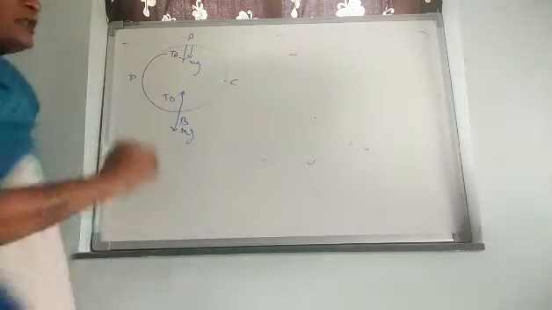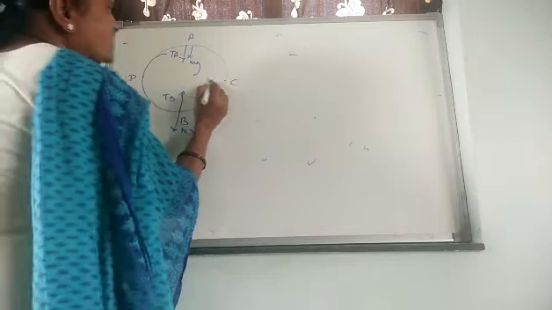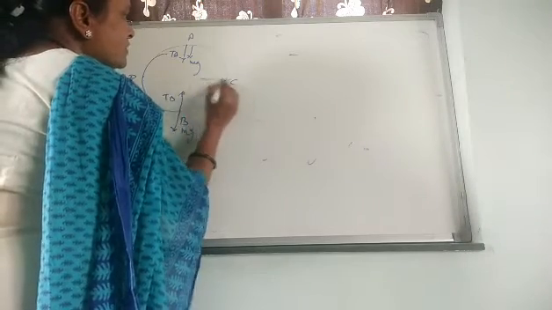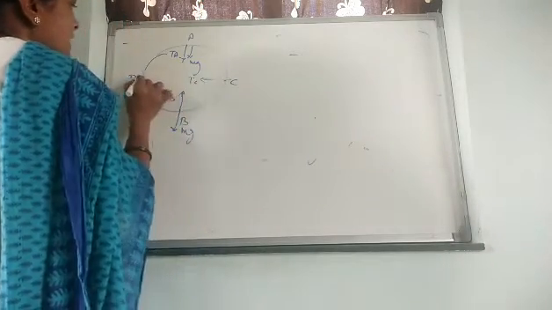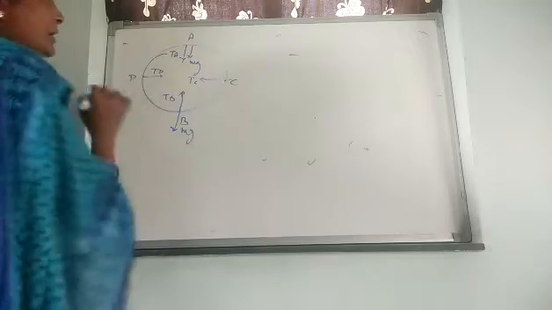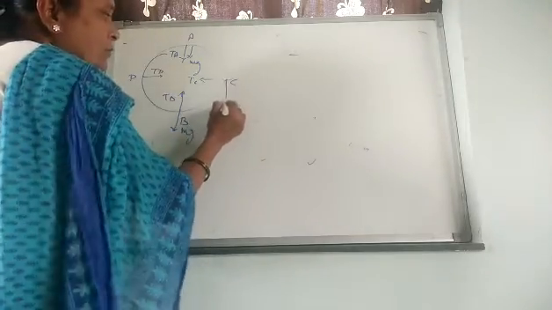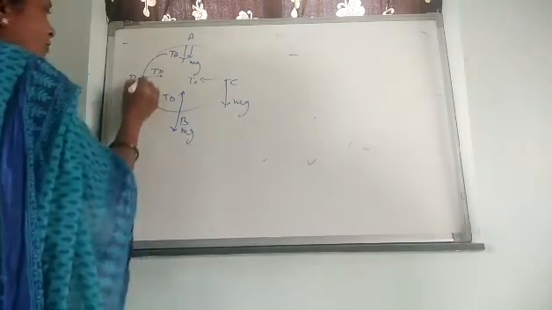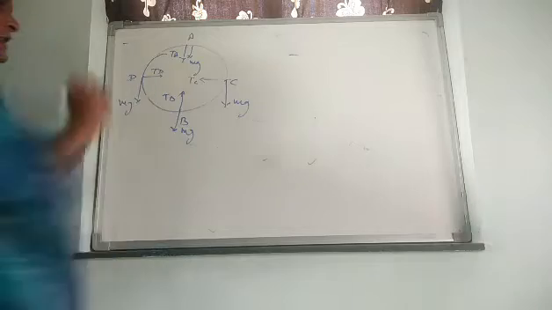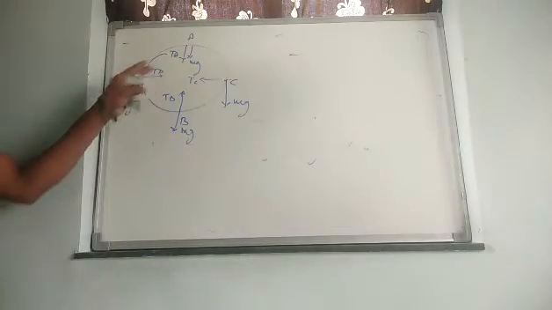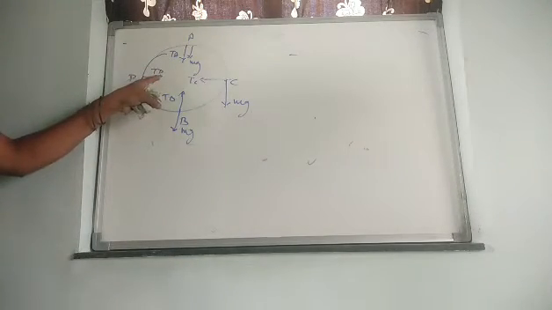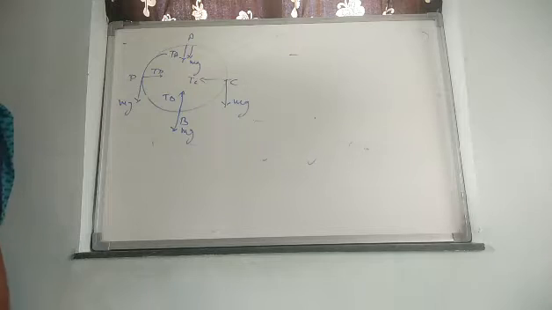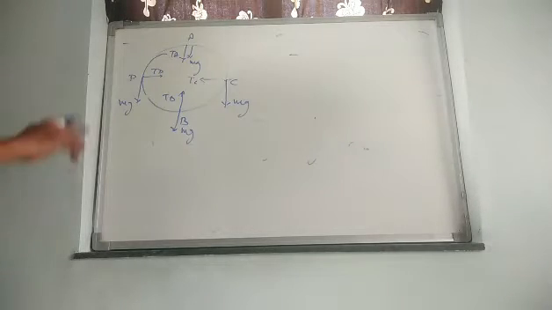Now here at the horizontal position, the forces acting towards the center are Tc here and Td here, and the weight mg is perpendicular to this. That is, at the horizontal position, the tensions Td and Tc are directed toward the center, and mg is perpendicular to that tension.